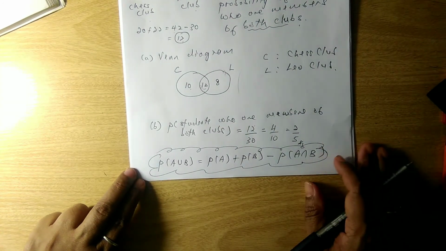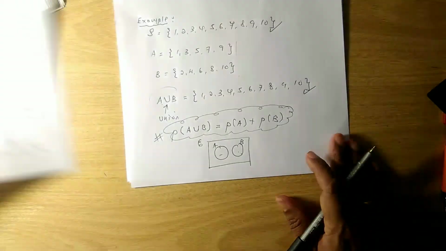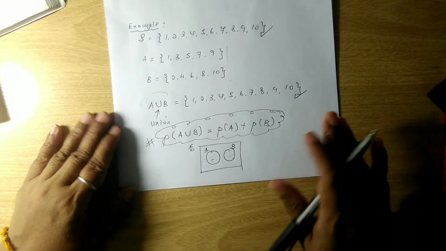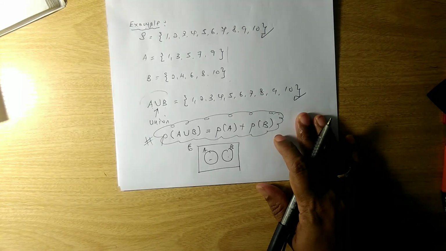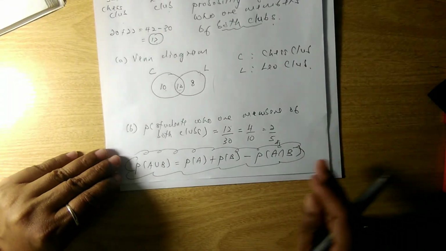For this example, it's mutually exclusive and it's exhaustive. For this, it's not, because one will influence the other event.